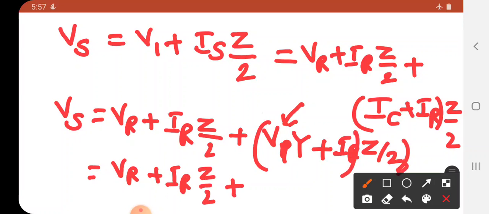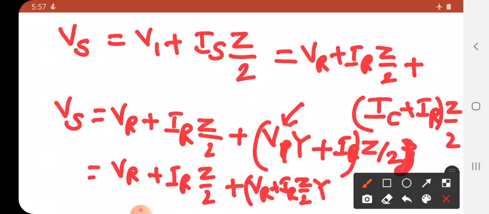So this is into, not here. Okay. Plus V1, in the sense VR plus IR into Z by 2, into Y, plus IR this into Z by 2. So let me write clearly.